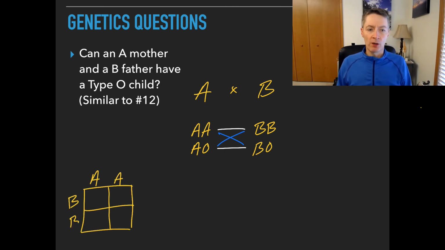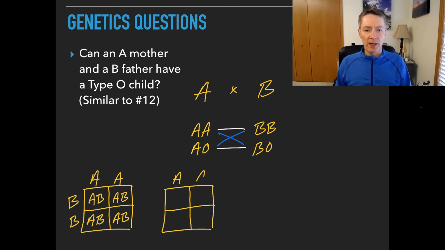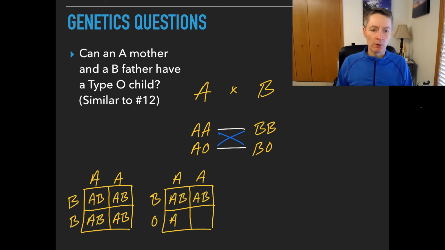So we could do all those, right? AA and AB, and BB. All the children are going to be AB. So if you thought it was going to be AB, absolutely, there are going to be some of those in the mix. But then we have AA versus BO.